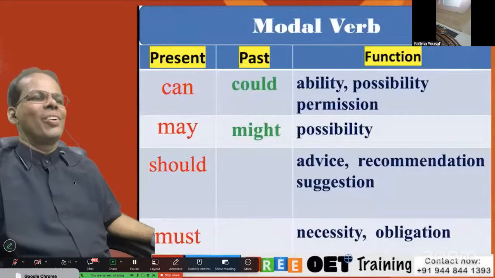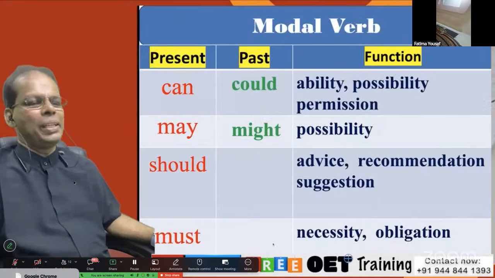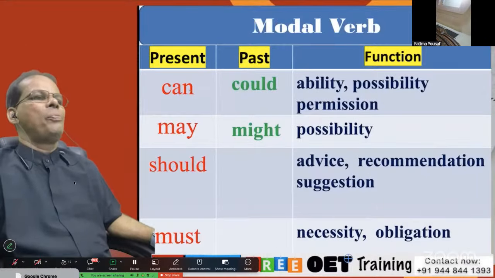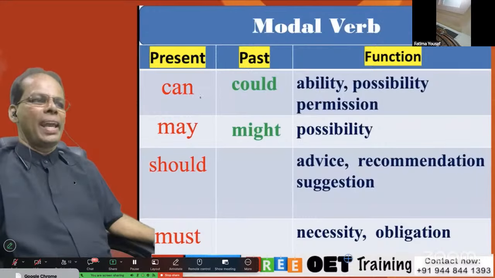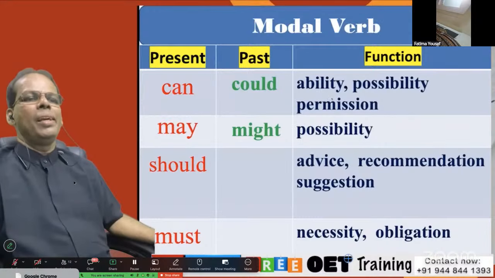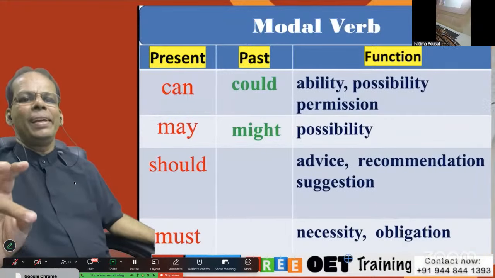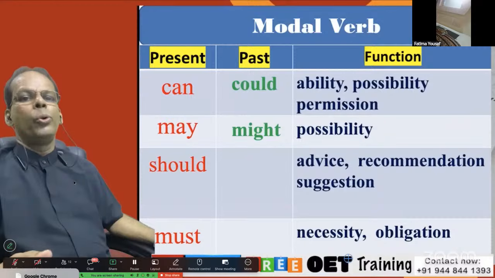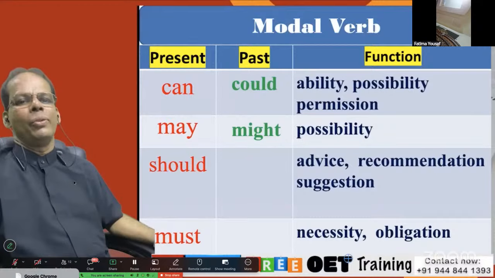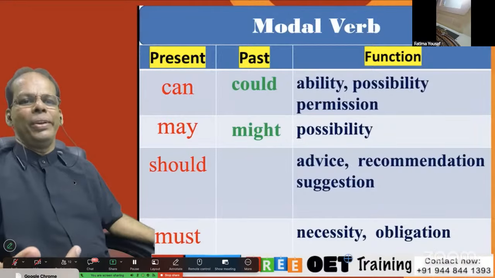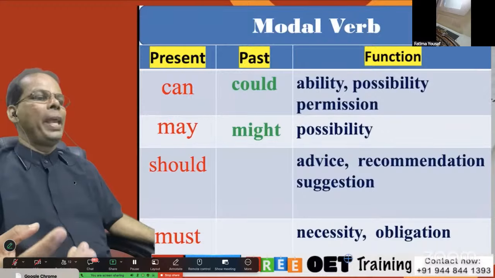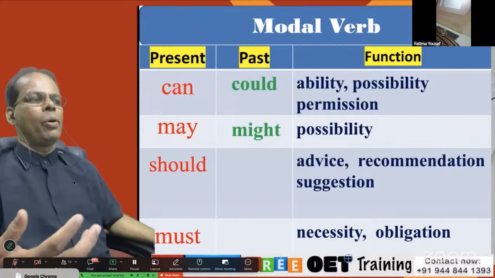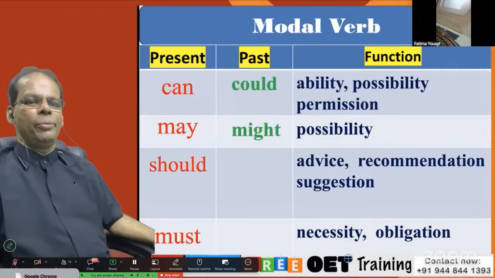Okay, now see modal verbs. I have already said it so many times. Modal verb, present "can," past "could": ability, possibility, permission. Can and could speak about your ability, possibility, and permission. You could do that. There was a possibility that you should have done it. "May" or "might," the past form of may: possibility again.